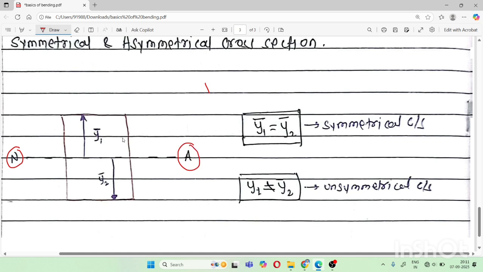If the top fiber distance from the neutral axis is y1 bar and the bottommost fiber distance is y2 bar, and if y1 bar is equal to y2 bar, then we call this a symmetrical cross section. And if they are not equal, then we call it an unsymmetrical cross section. This is the last point that I wanted to discuss with you: the definition of symmetric and asymmetric cross section.